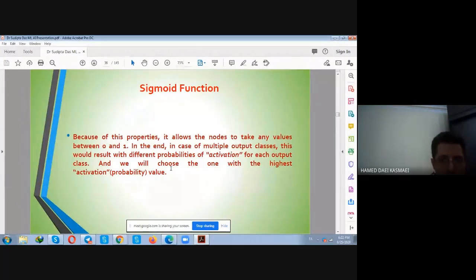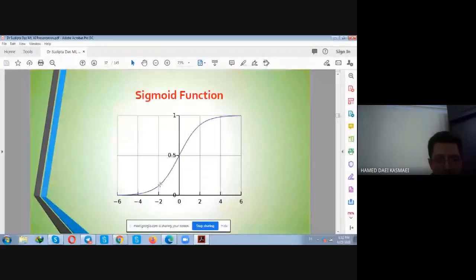So what is it here? This is the sigmoid function, and you will see its behavior. From calculus you can find many features of this function that are very applicable and very interesting for mathematicians.